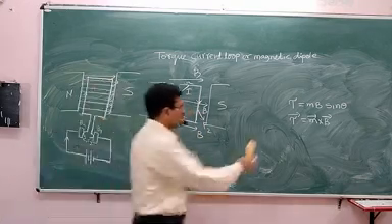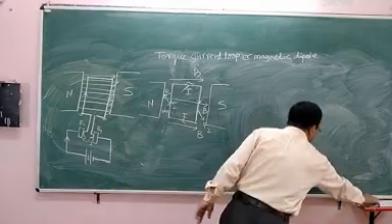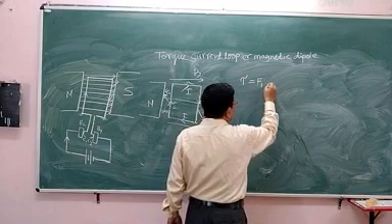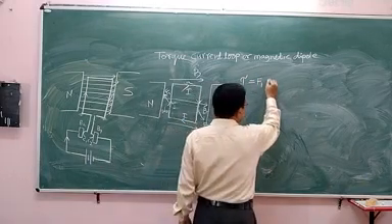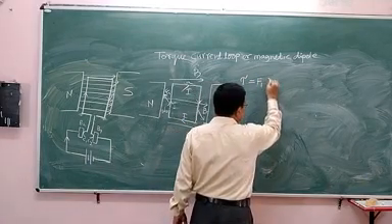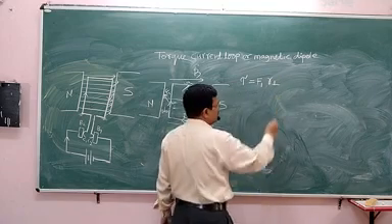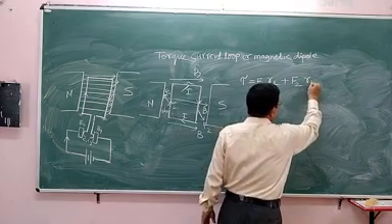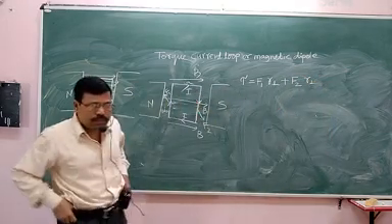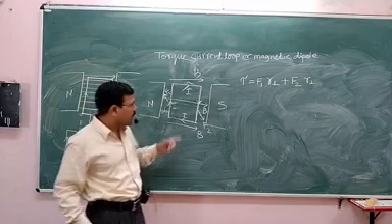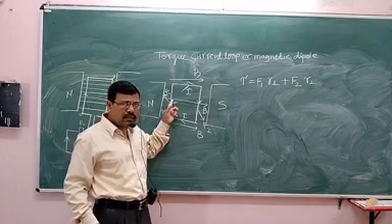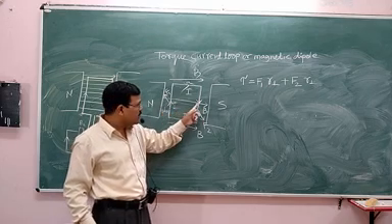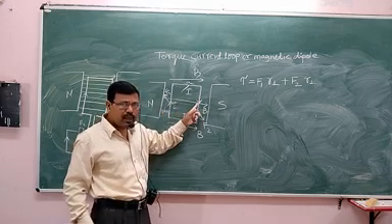Torque is equal to force into perpendicular distance plus force into perpendicular distance. Total torque here: torque acting on this is F1 into perpendicular distance, and here F2 into perpendicular distance.